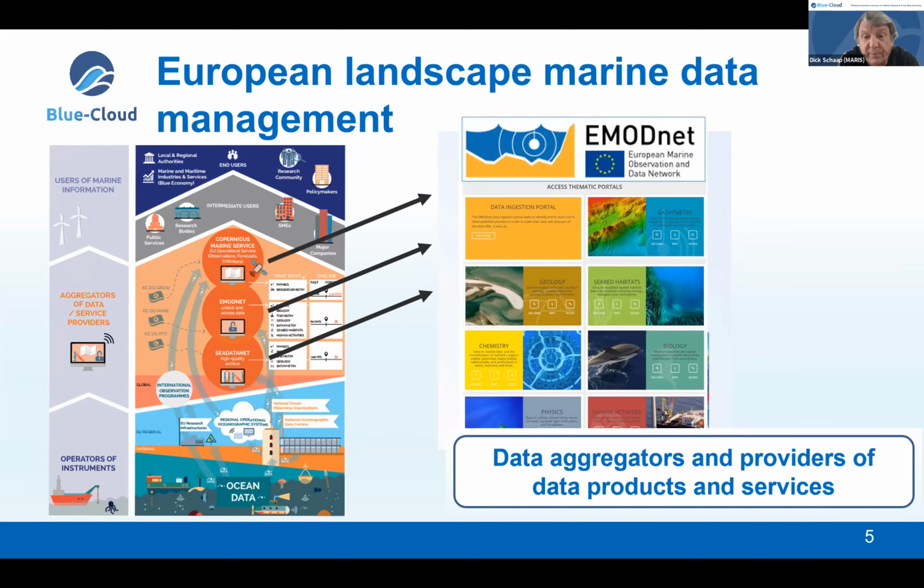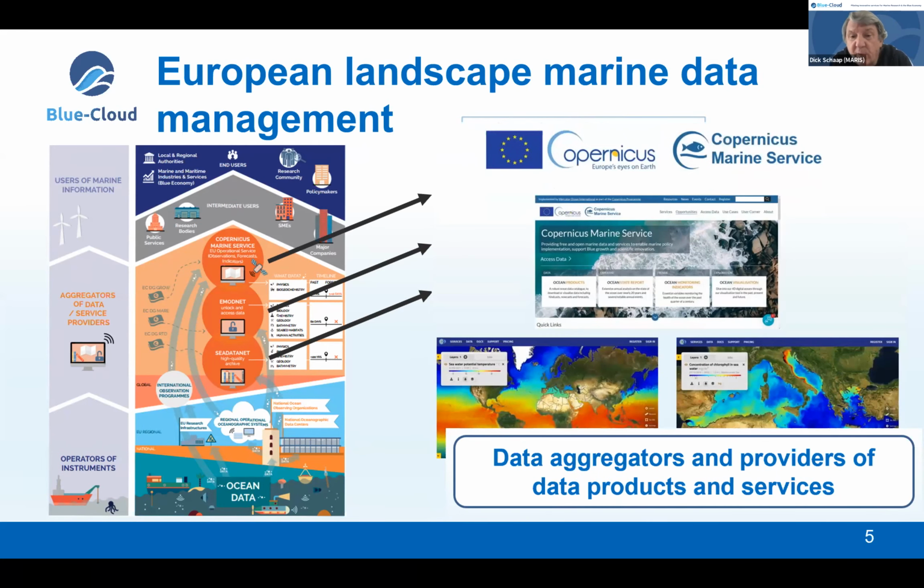Another important infrastructure is the Copernicus Marine Service. And this was also started about 10 years ago. In the beginning it was research projects and an initiative by EuroGOOS to start working with the models, and over time it became quite a strong, very good service.